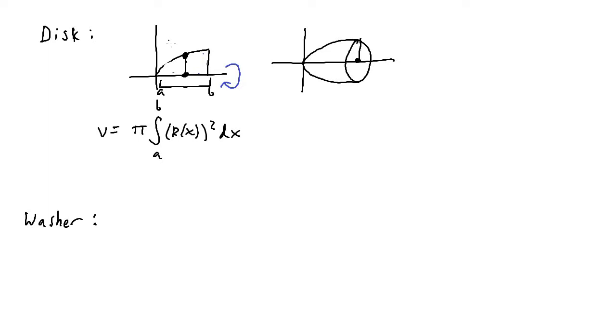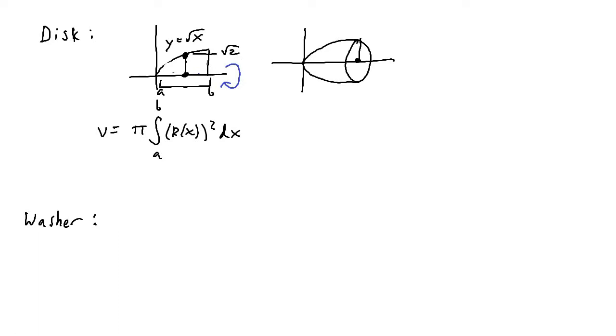So for example, if this curve represented y equals the square root of x, at the specific x value of 2, this y value would be the square root of 2. And the square root of 2 is going to be the radius, or the distance from the horizontal x-axis to the curve.